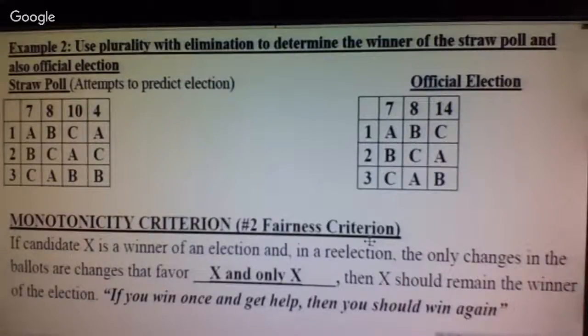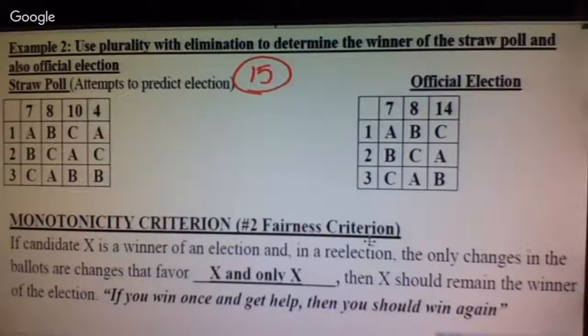A straw poll is something that's supposed to pretend and give you a prediction of what should happen. So let's find the winner using the straw poll. Right now we've got 18, 22, 29. I need 15 votes for a majority because I've got 29 total voters.